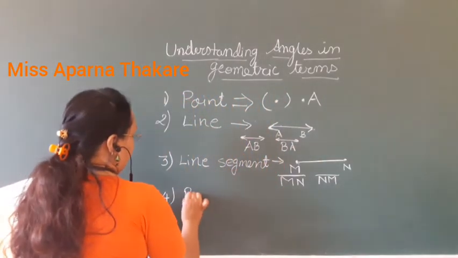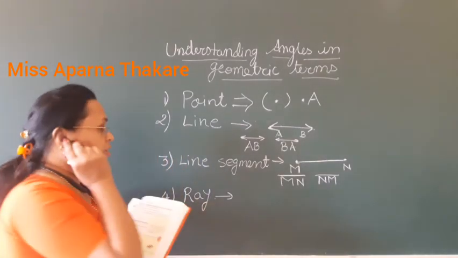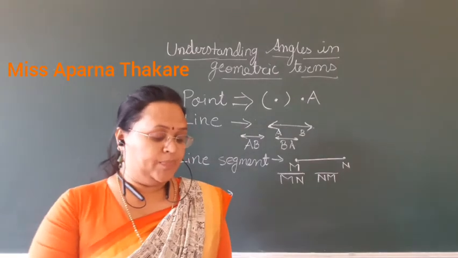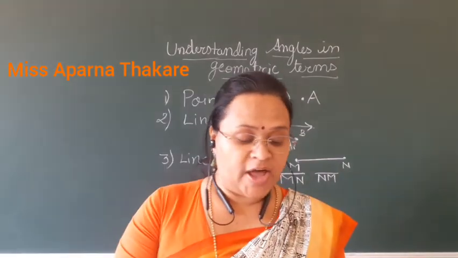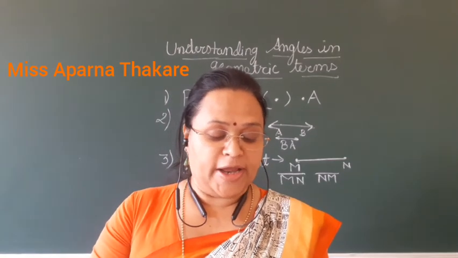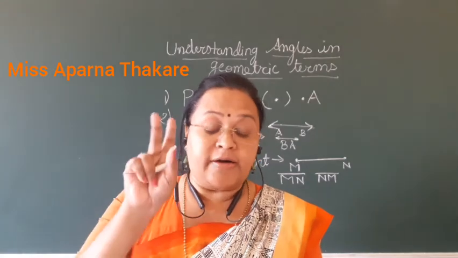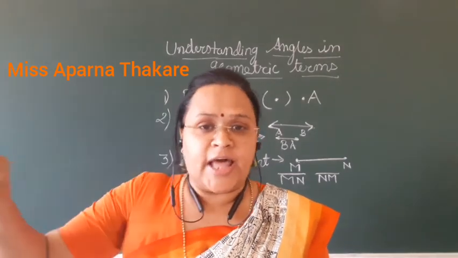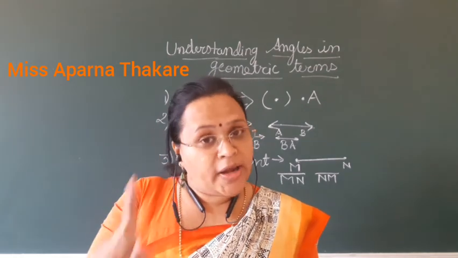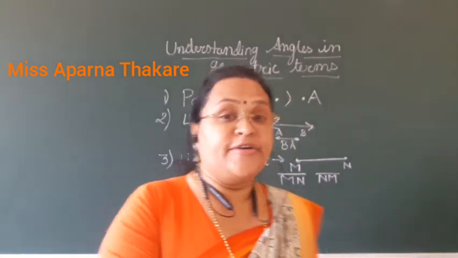Now see the fourth one. It is a ray. Okay, see it. A ray is a part of a line. It has one end point and goes on endlessly in one direction. So a ray is a part of a line, it is a line only, but it has one end point and goes endlessly in one direction.